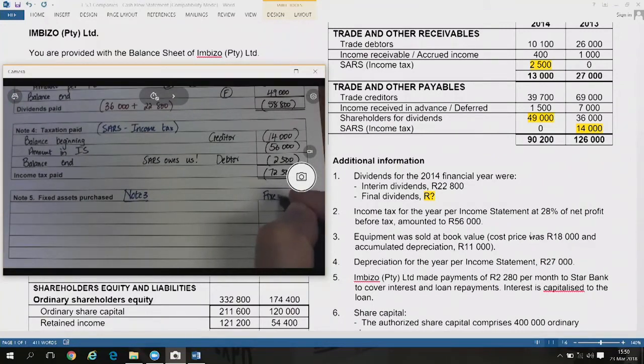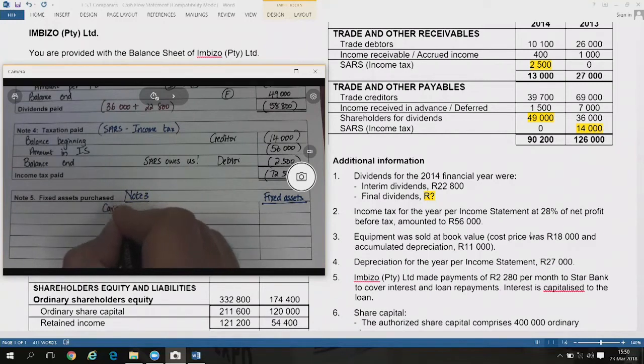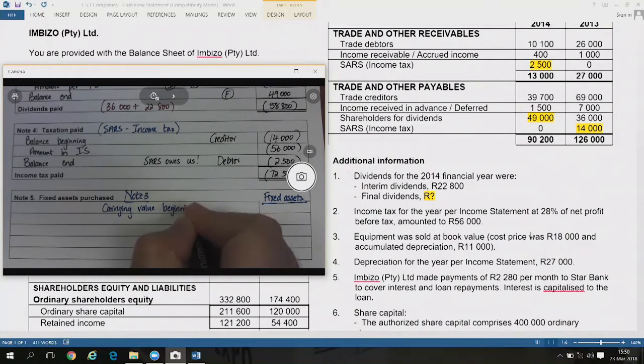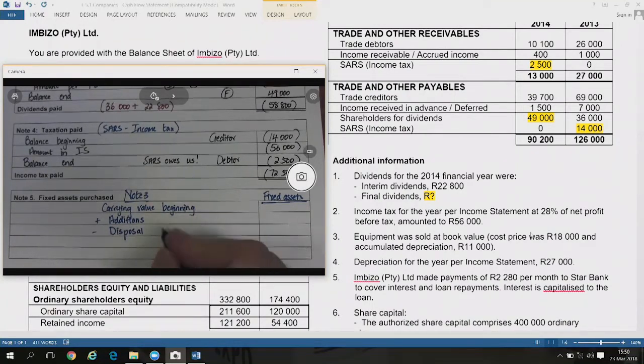Fixed assets. Okay. And I say carrying value at the beginning of the year, plus additions at cost, minus disposal, and remember your disposal is most of the time at carrying value, minus your depreciation for the year, and that equals carrying value at the end of the year.